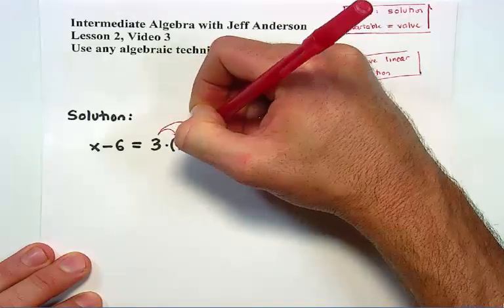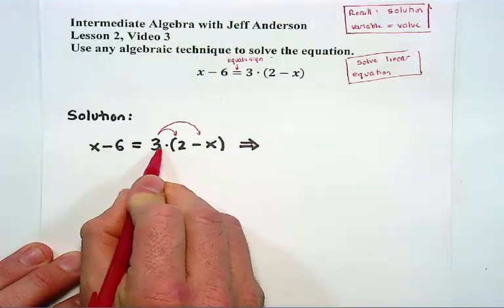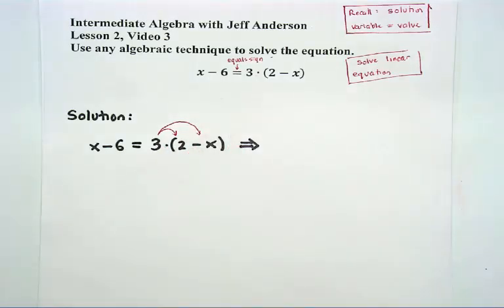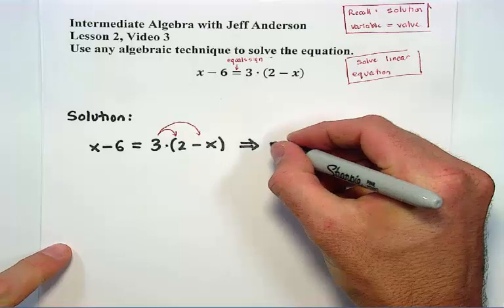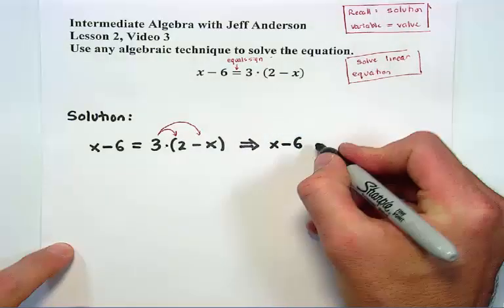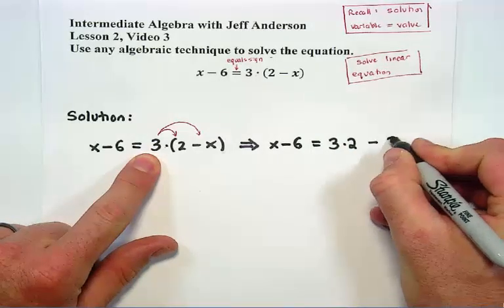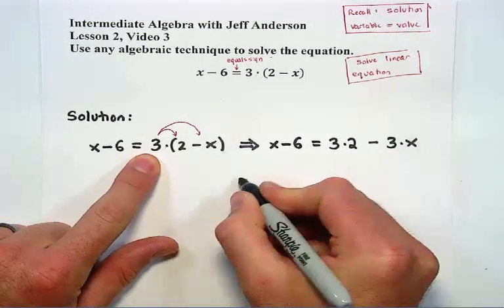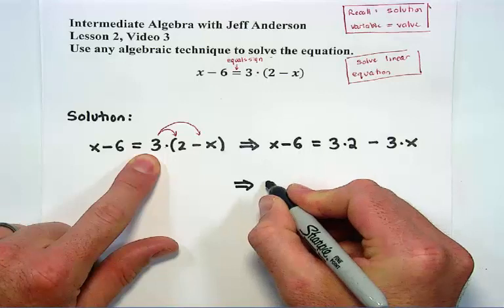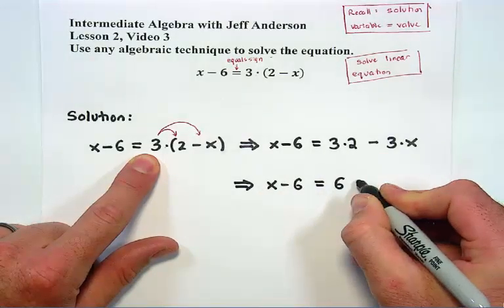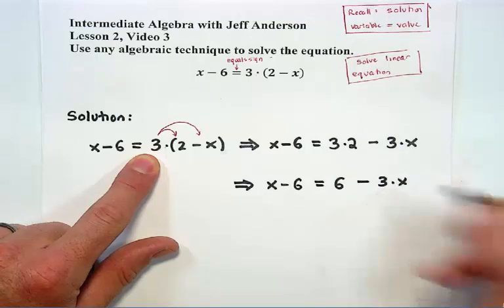And the first bit of work that we see is that this multiplication can be passed through that subtraction because we make it rain. All right. So here we're going to go 3 times 2 minus 3 times x. What do we know about the number 3 times 2? Well, that must be 6. And then here we've got 3 times x.